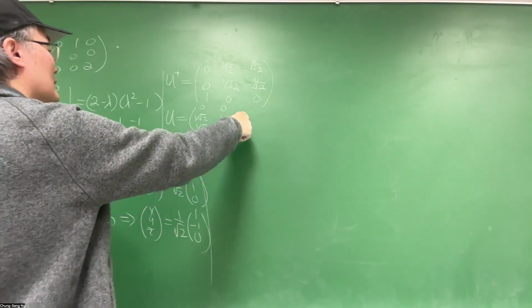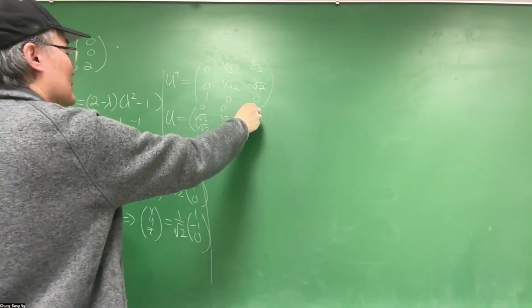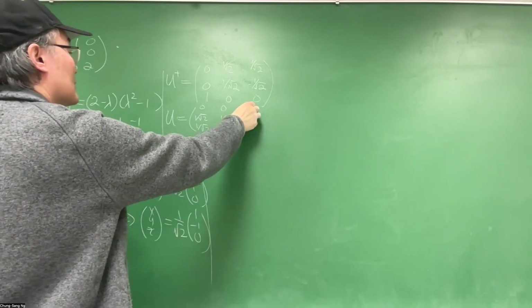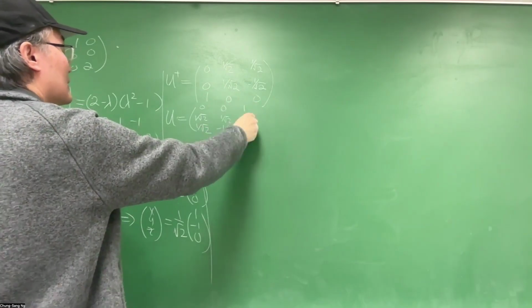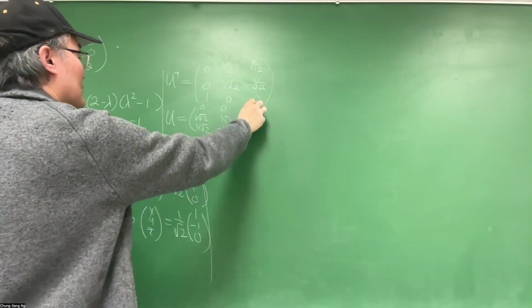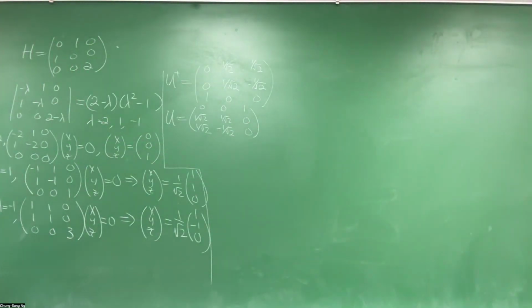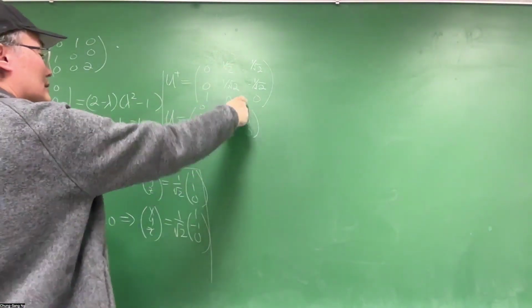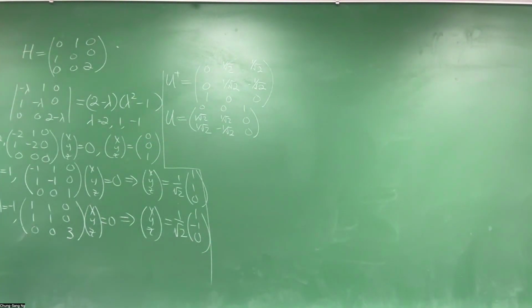And this one is this one. So, right, 1, 0, 0, 0. Right. This is the transpose, with symmetric, right? Yeah, okay.